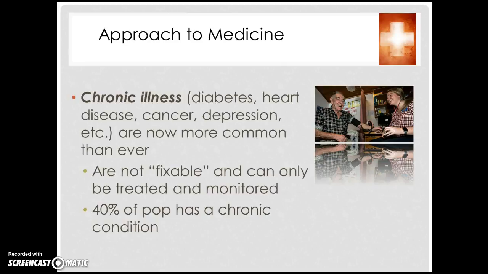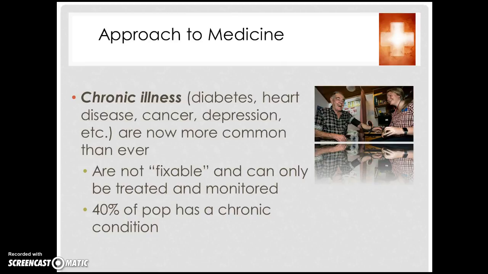Chronic illnesses, on the other hand, are things like diabetes, heart disease, cancer, and mental health issues that are now more and more common than ever before. Chronic illnesses are not fixable in any sense of the word. They can only be treated. The symptoms can be addressed. The different aspects of the illness can be monitored to make sure that the person isn't going into any sort of dangerous physical condition.